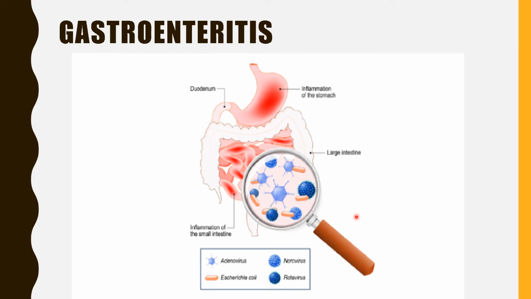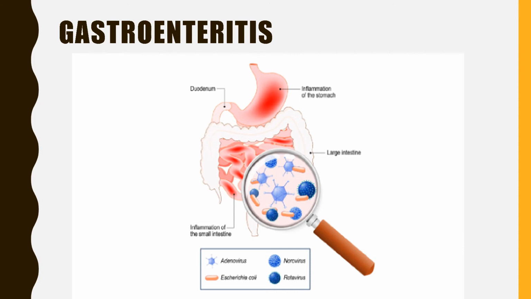It is often associated with abdominal pain and change in bowel habits. Usually there is diarrhea in this case. So there is diarrhea plus nausea and vomiting because the gastrointestinal tract is infected with these viruses. So it is gastroenteritis.